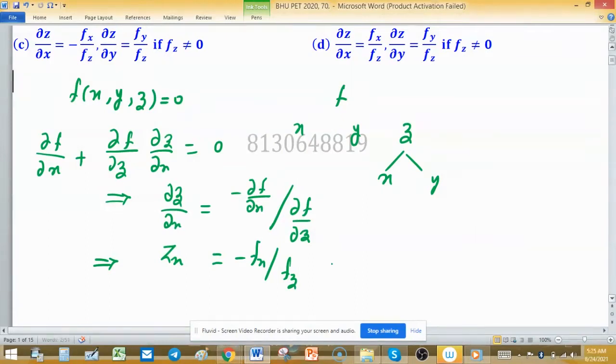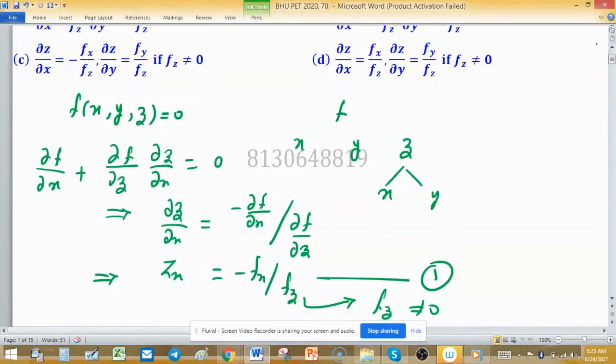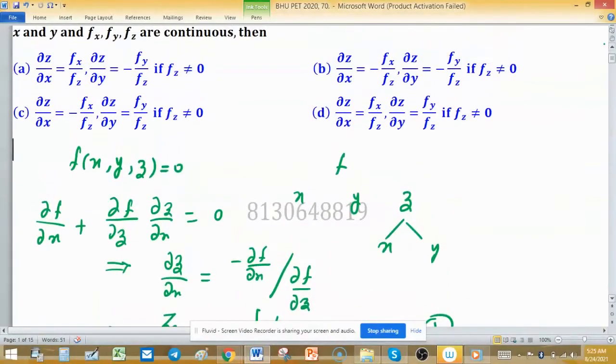This is equation 1. And this is defined when fz is not equal to 0. So find which option is giving zx equal to minus fx upon fz.